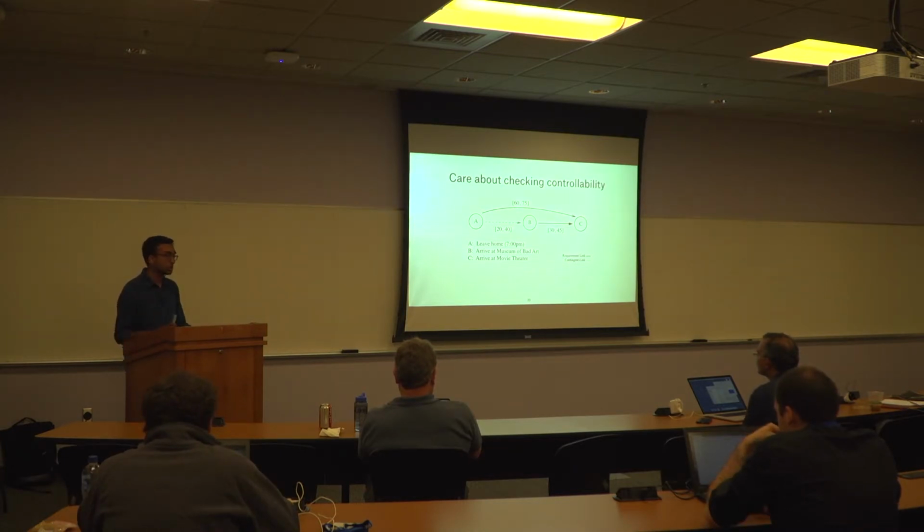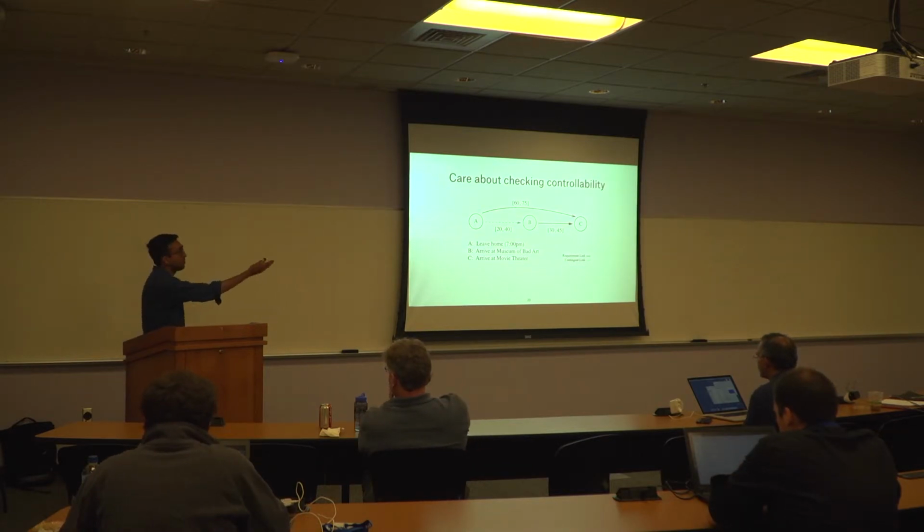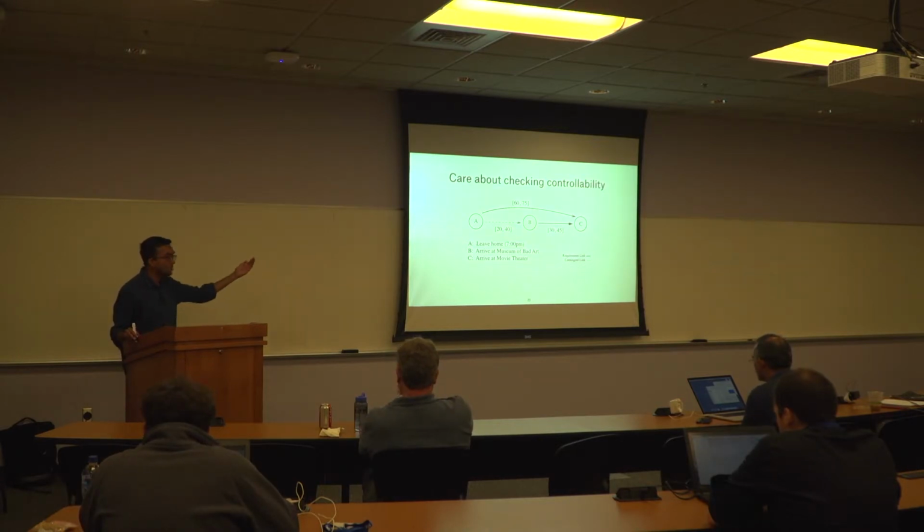Dynamic controllability basically says, I just want to know that it will be possible for me to come up with a valid schedule in the moment, but I'm allowed to incorporate information in the moment. So after I'm done with my commute, I clearly know how long my commute took. Therefore, I can incorporate that information and use it in my policy to figure out when I should actually arrive in my seat at the movie theater.